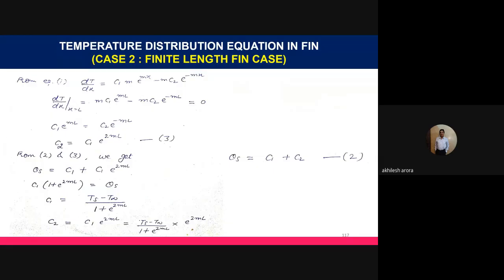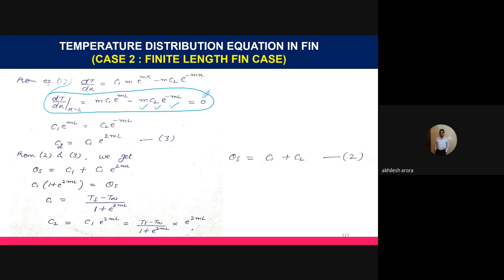So once again we have repeated this equation here. You can just have a look at it. dt by dx at x is equal to L is m c1 e raised to power ml minus m c2 e raised to power minus ml, and that value is actually equal to 0.